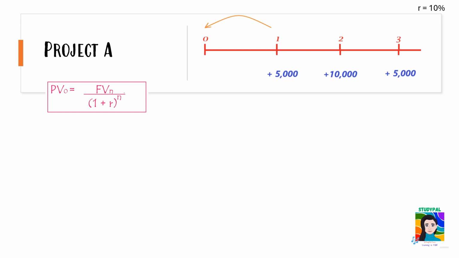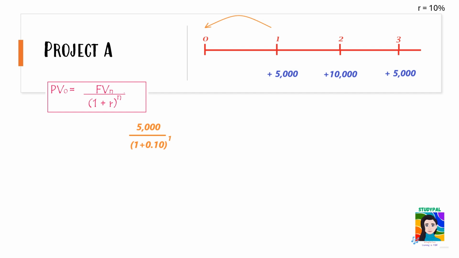So how do you do that? You have the formula. Remember, present value equals future value divided by 1 plus the rate to the power n. So it's 5,000 divided by 1 plus the rate, which is 0.10, to the power 1 because we will have to discount it by 1 year.